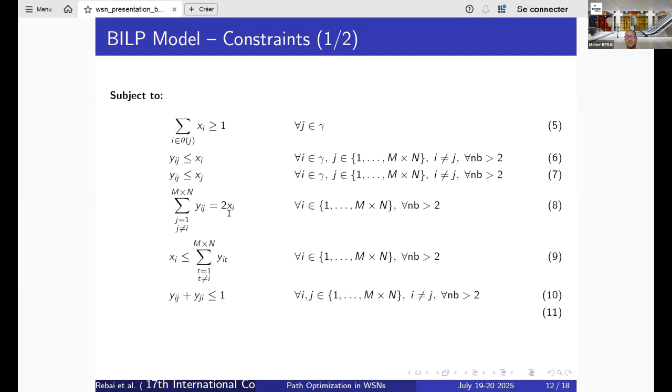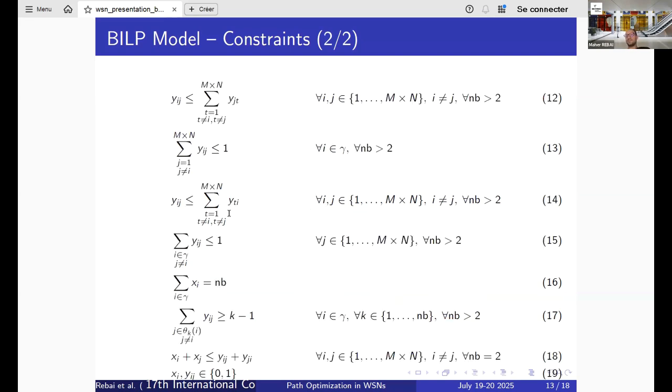Constraint 9 ensures that each selected vertex should have an outgoing edge. Constraint 10 is only a directional edge constraint. Constraints 12 and 13 ensure that each selected edge should have an outgoing edge.